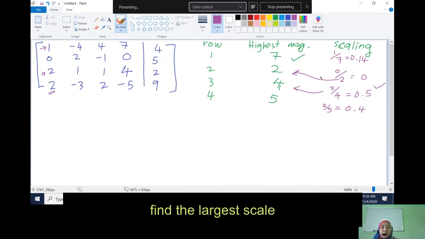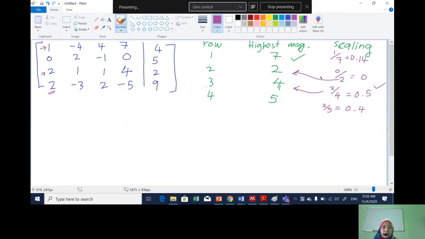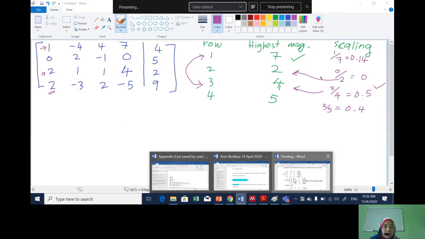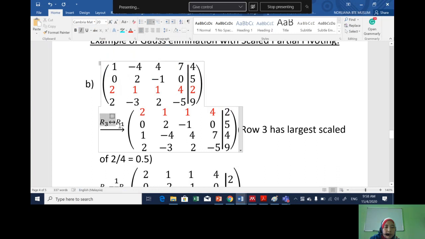So we interchange row 3 with row number 2 as the first step. We interchange the rows on the basis of the largest scale.